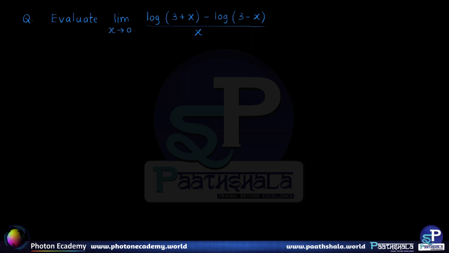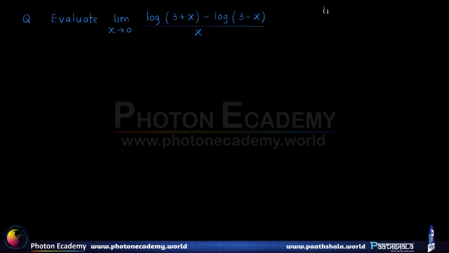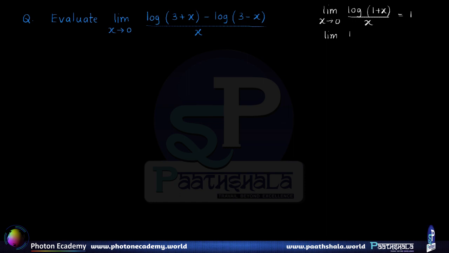Here we have to evaluate the given limit involving log of (3 plus x) minus log of (3 minus x) whole upon x equal to what? So let us recollect that here we had seen the limit of log of (1 plus x) whole upon x as x tends to 0 was 1, and we had also seen that if we have a limit of log of a function as x tends to something, then we can take log outside and take limit inside.